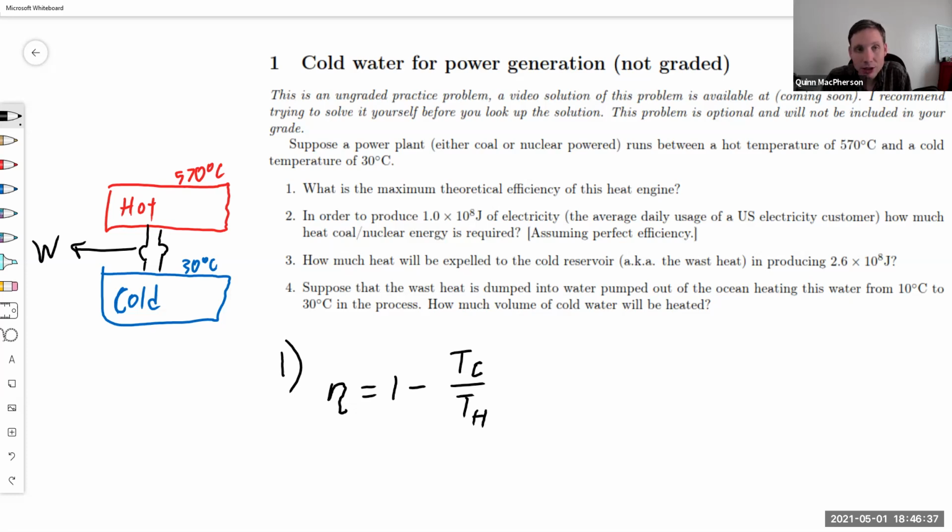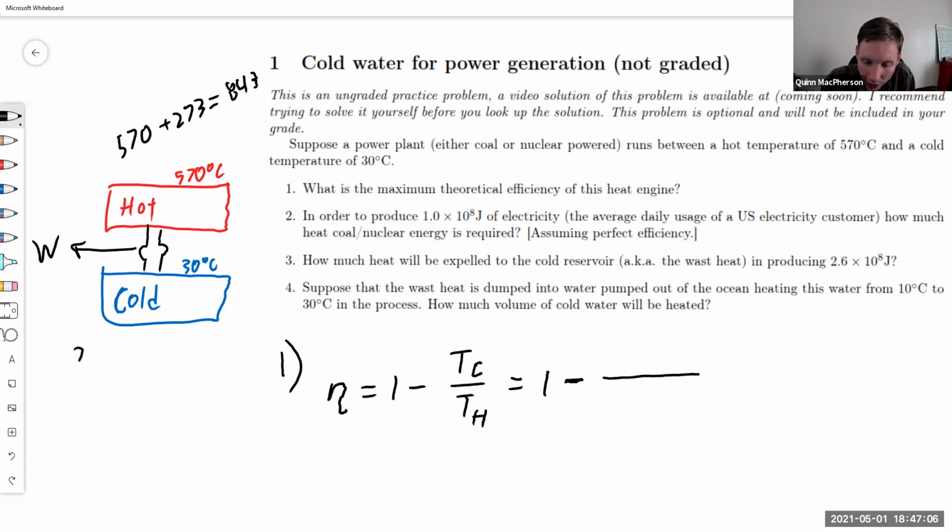We can't just stick in the values in degrees C because you have to use Kelvin. So if we convert 570 to Kelvin, we have to add 273. We get 843.15. We'll just use 843; we won't worry about the .15.